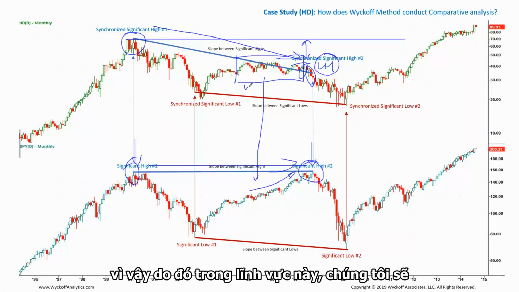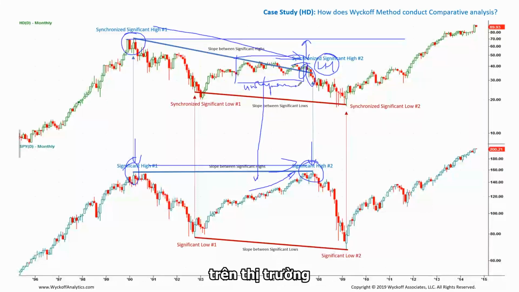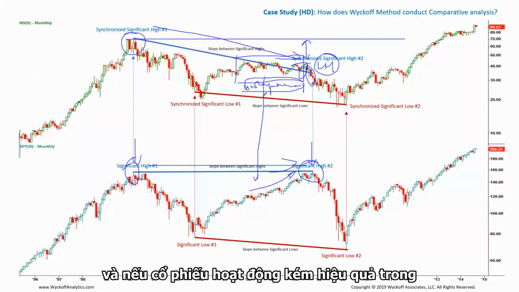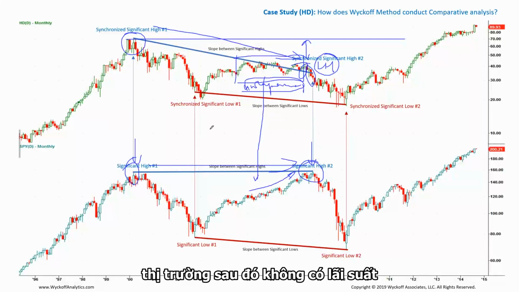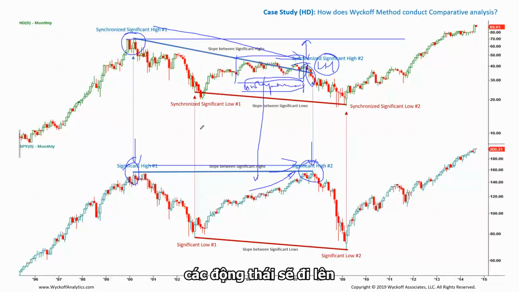So therefore, in this area, we are going to say that the stock was underperforming the market. And if the stock is underperforming the market, then there is no interest, at least currently, from institutions to participate in the stock. And that means that most likely, whatever the moves are going to be to the upside or to the downside, they're probably going to be not significant, and most likely will fail.